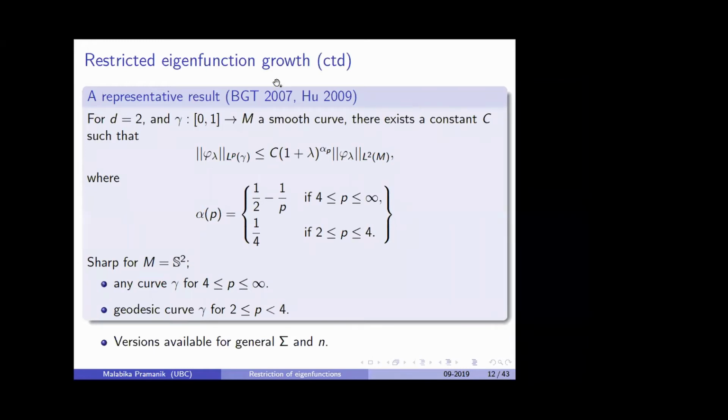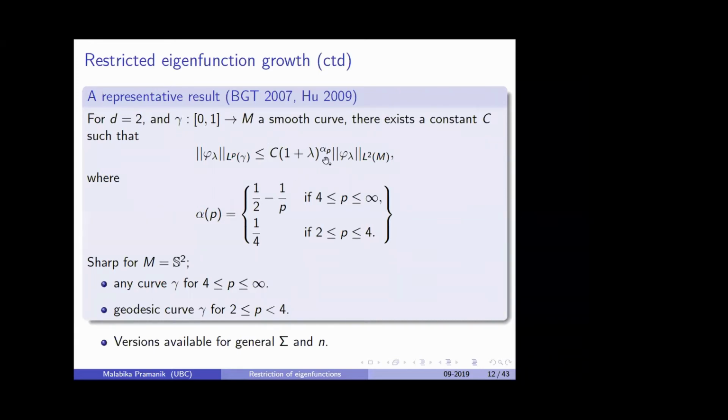Again, the result of Burq, Gérard, Tzvetkov, and Hu pertains to all manifolds capital M and all submanifolds thereof. To keep things simple, I have stated it here where the ambient dimension is 2 and one restricts to a curve. So n, the dimension of the submanifold sigma, is 1.